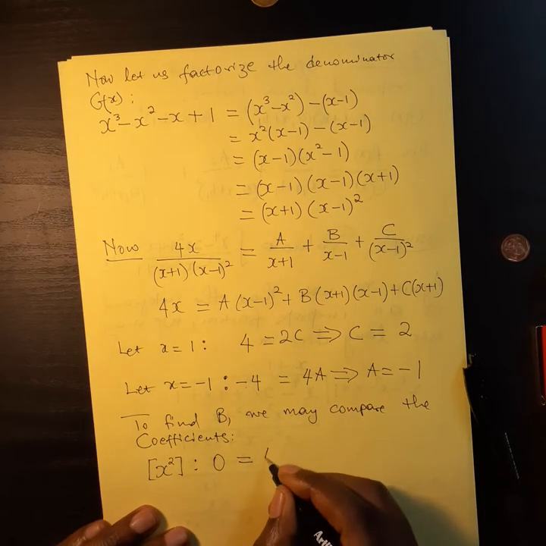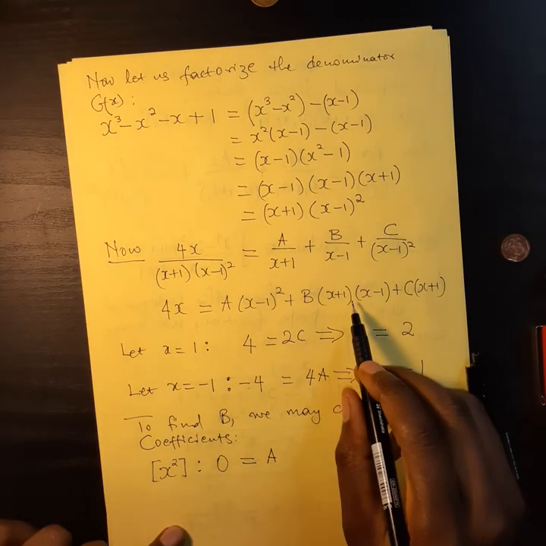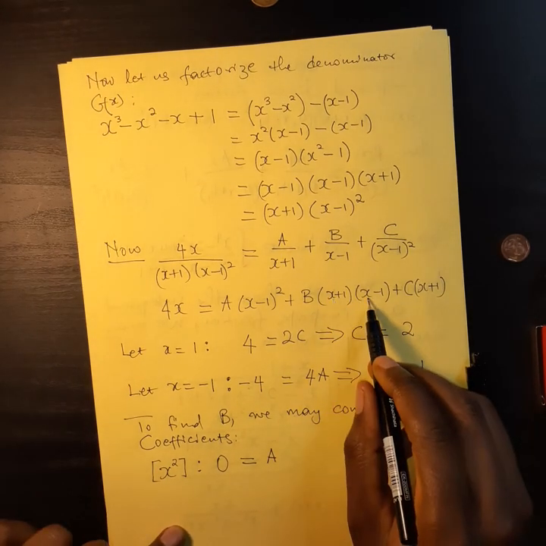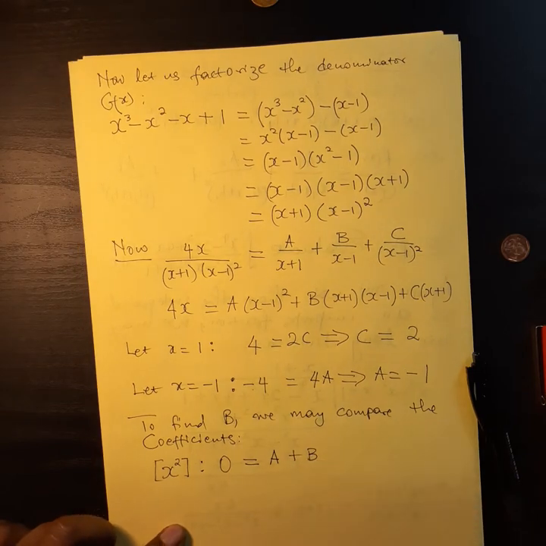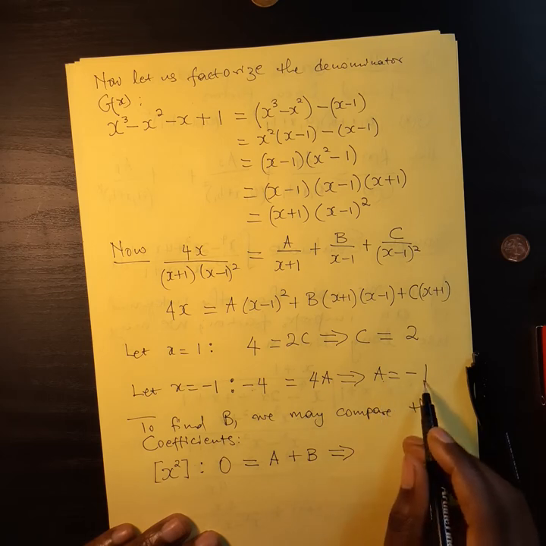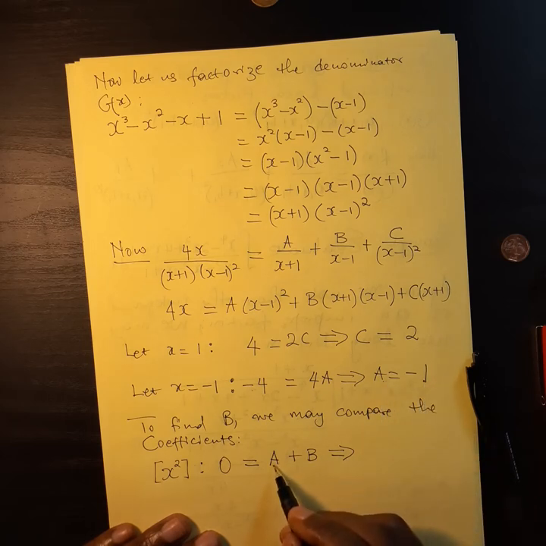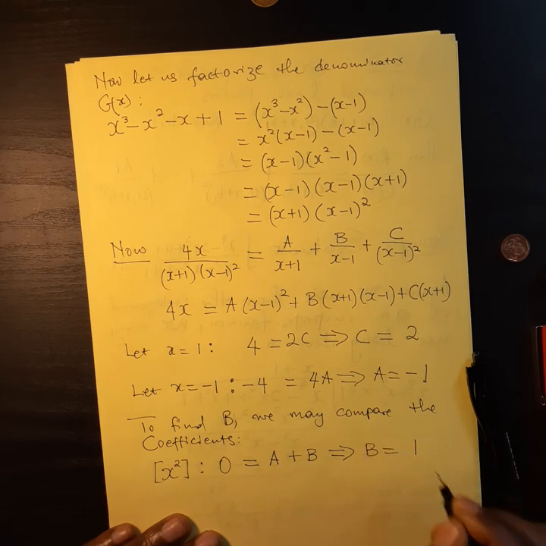So one of the coefficients of x squared is a. Then when we come to this one, we can see x times x is x squared. So one of the coefficients is b. So it means a plus b is equal to 0. And then this implies that since a is equal to minus 1, b will be equal to 1.